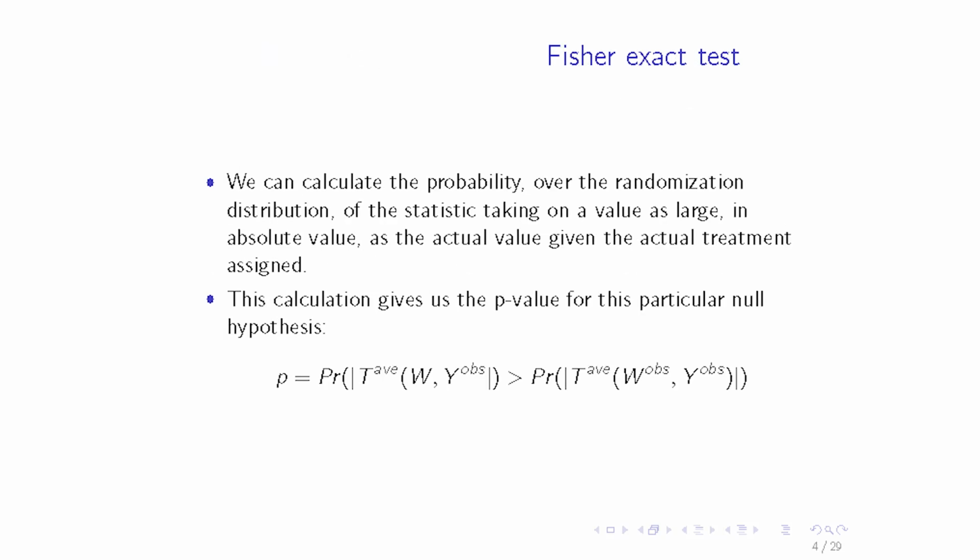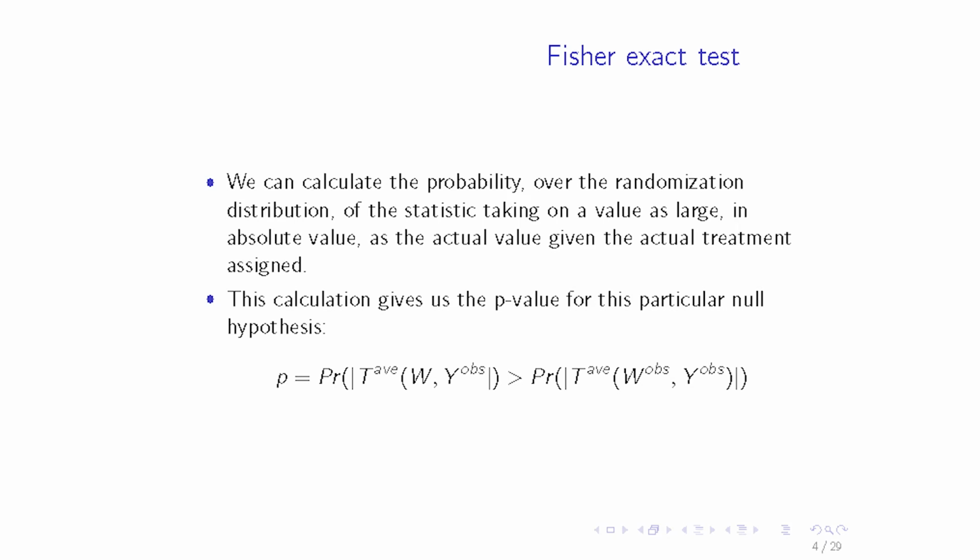The nice thing is that we can now compute the probability over the randomization distribution, which is any potential way that the observations could have been assigned to the treatment or the control group, of the statistic you're interested in, for example, our absolute value of the average difference, taking a value as large as the actual value given the treatment assigned.